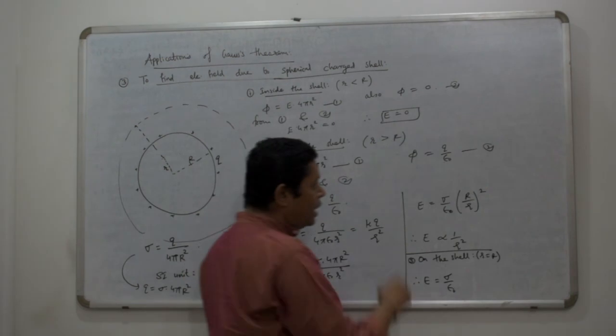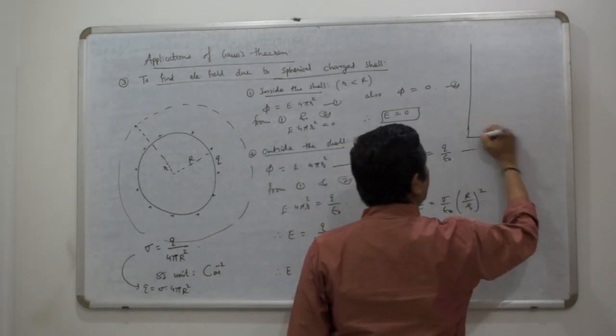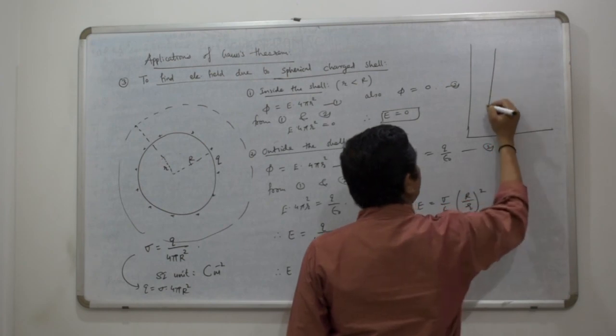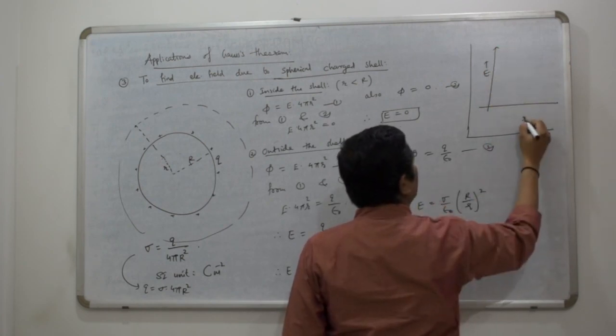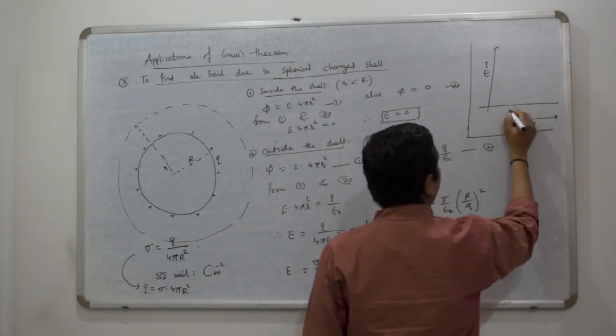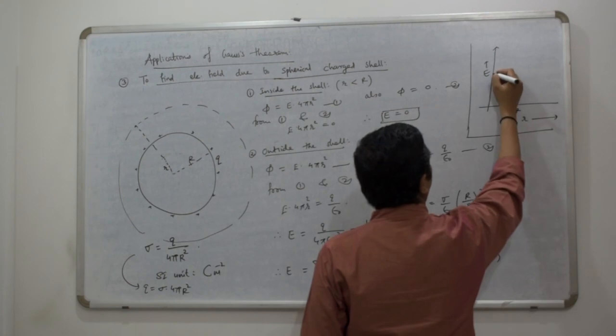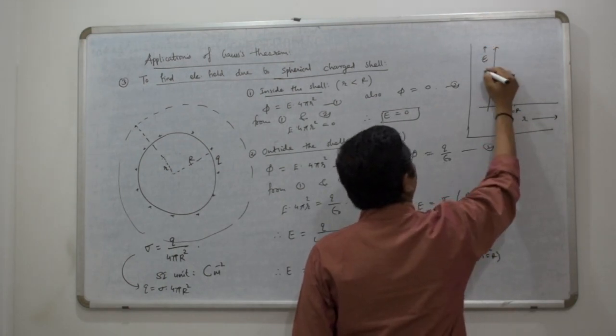If you write all these values and represent the graphical variation of electric field with respect to distance, then for the shell at a distance r equal to capital R, electric field is sigma by epsilon 0.